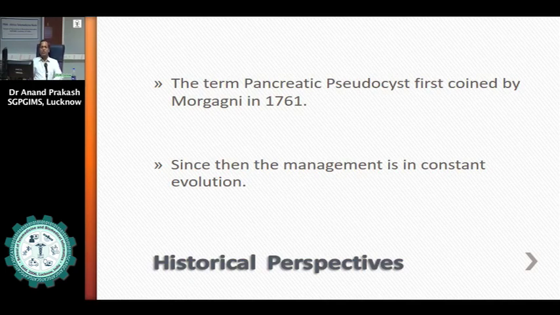They also noticed that around 20% of these patients resolve in due course of time. One very important observation they made was that if they observed the pseudocyst for more than 7 weeks, then the risk of mortality is higher as compared to the mortality of an elective surgery.